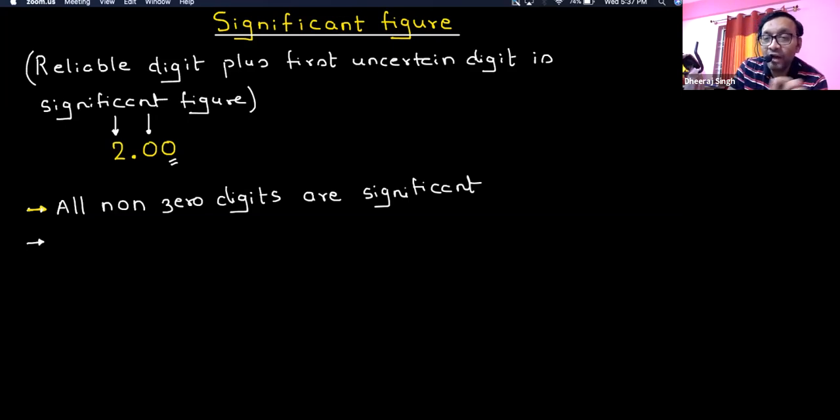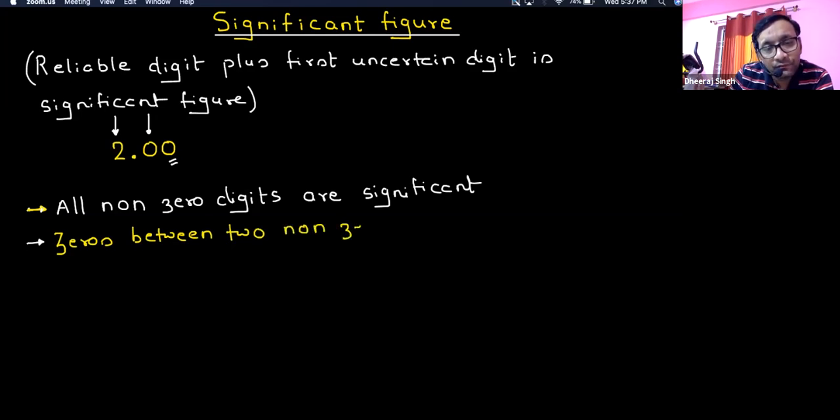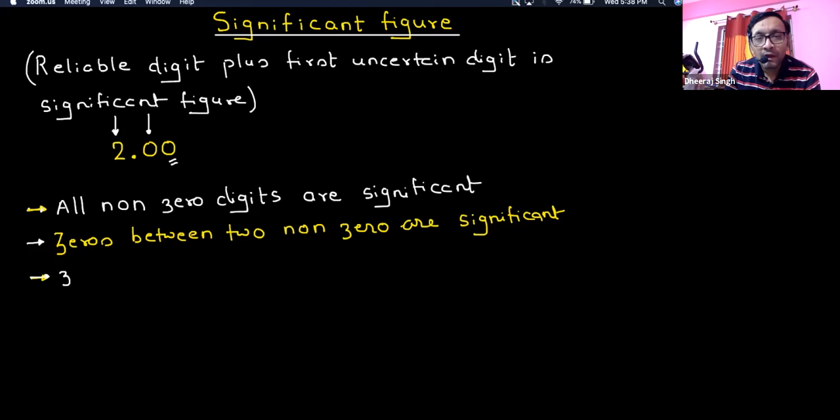That depends on how zero is written. So zeros between two non-zero digits are significant.